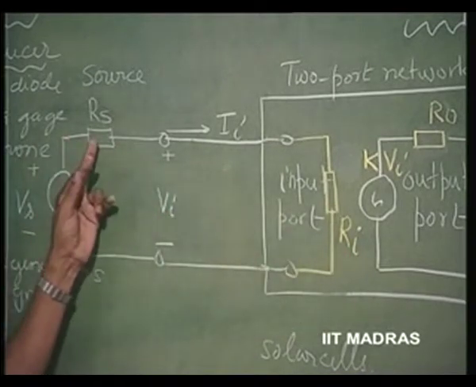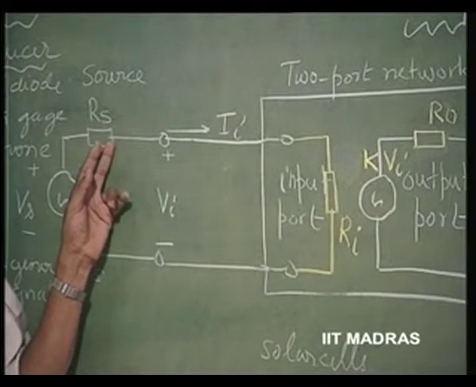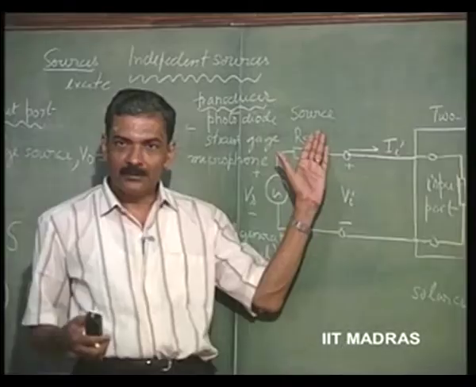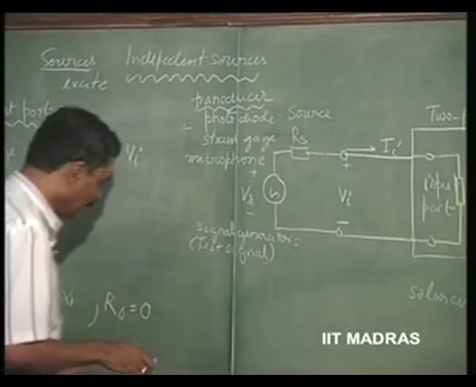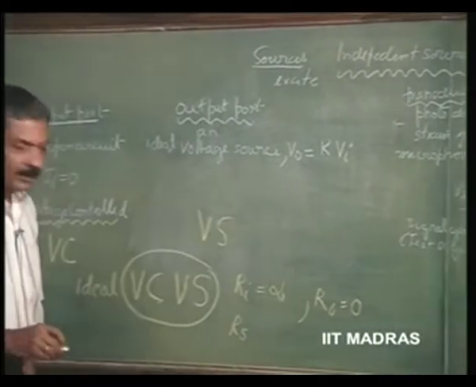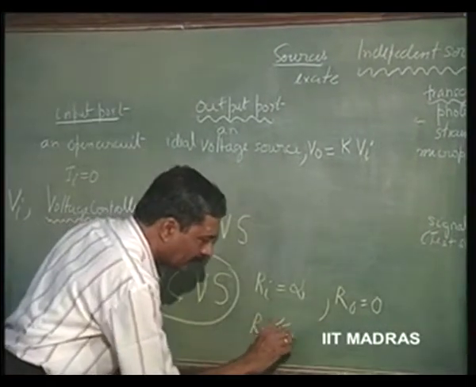Compared with Rs. So, this is a voltage source drive as long as Rs is much less than Ri.